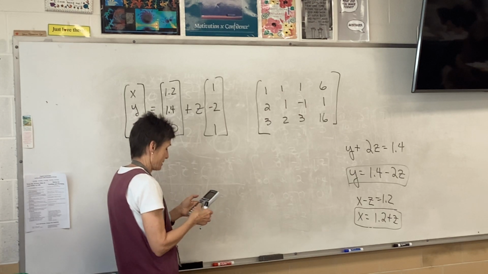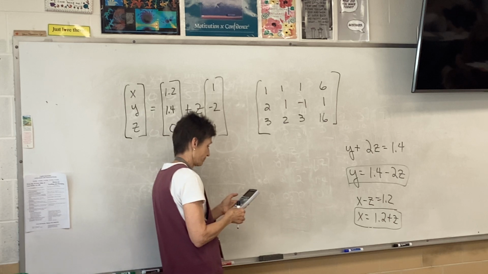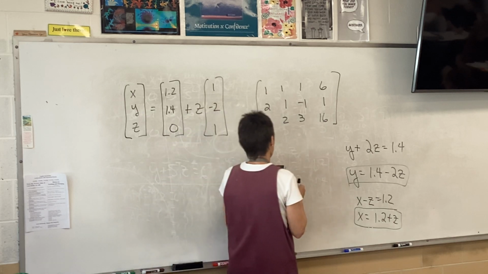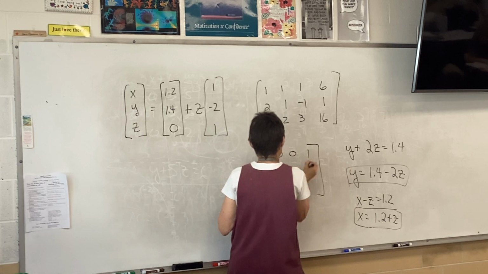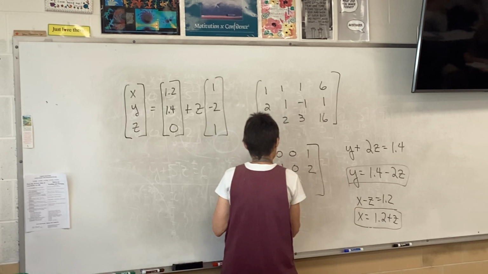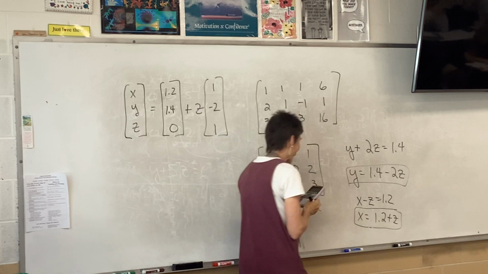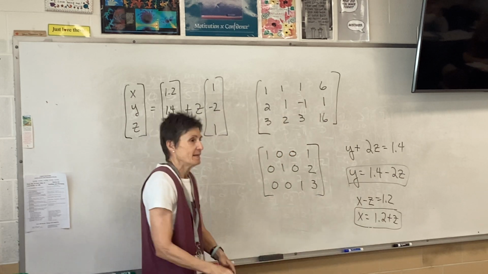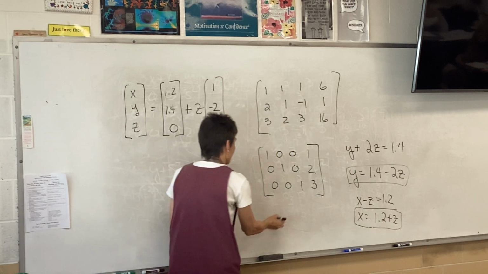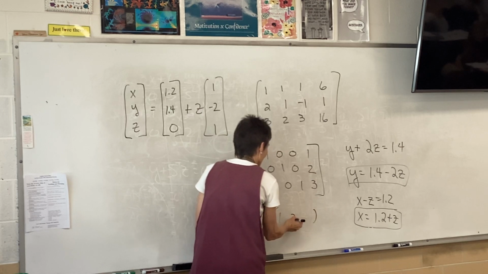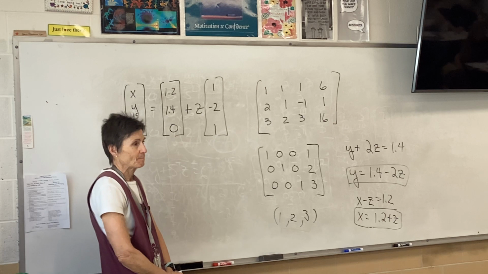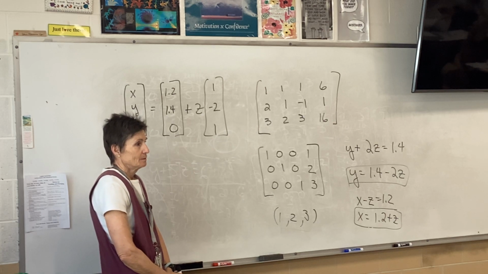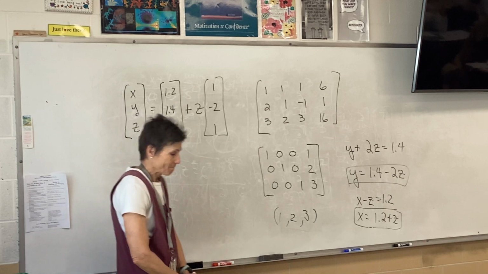All right, here we go. Talk about a plan. So this one came out exactly as we had hoped. And not only that, but the answer to the question is 1, 2, 3. X is 1, Y is 2, Z is 3. Everybody okay? All right.